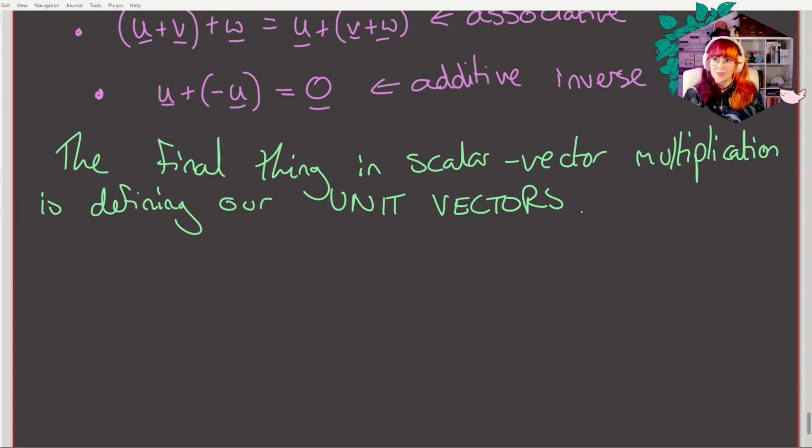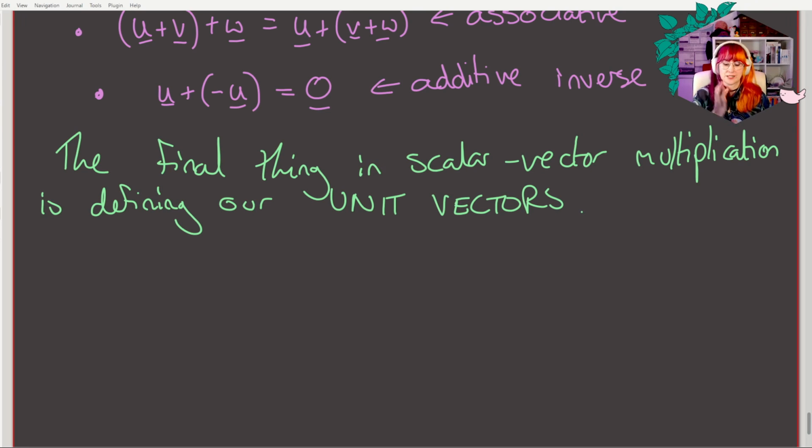So if we can take any vector v that has a direction and we can multiply it by any scalar number, that's going to create a family of vectors that are stretched and compressed along that direction, right?